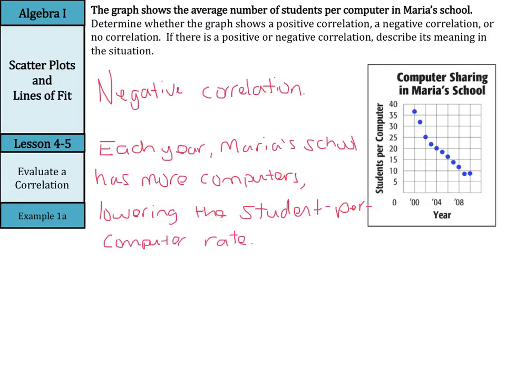If they're getting more computers, then the average number of students per computer is going to go down.